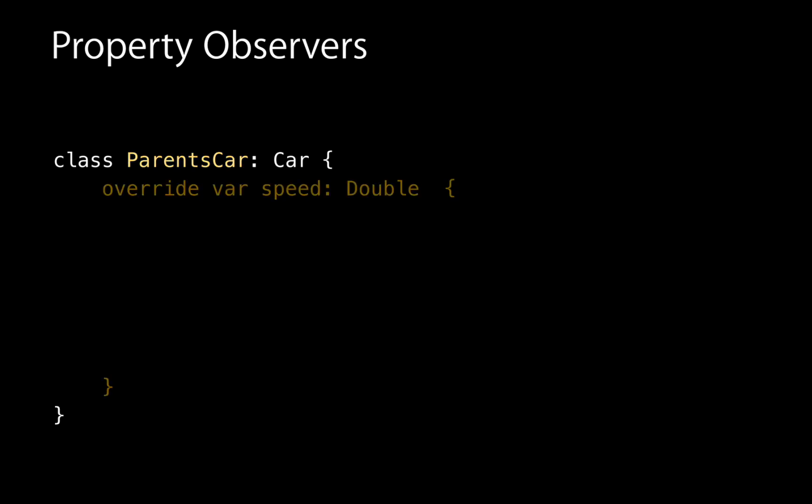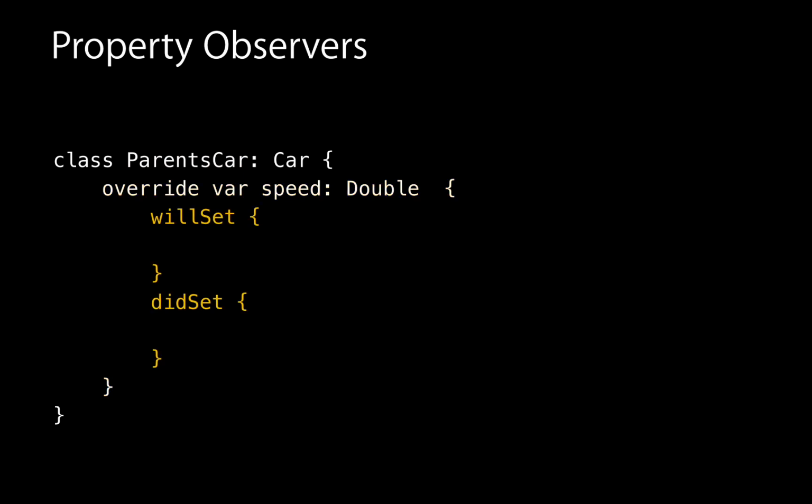So to do this, we still override a property. In this case, we're overriding the speed property we inherited from Car. Note that this override is for a stored property, not a computed property, but it's still written in the same way. This time, however, we won't provide a custom getter and setter.